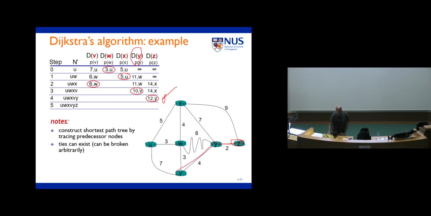Then I check the predecessor node for V, it says W. So I should go to W. Then I check the predecessor node for W, which is U. So I am connected to that. So wherever you want to go, you go to the table, follow the predecessor nodes, the links, and then you can create your path back.